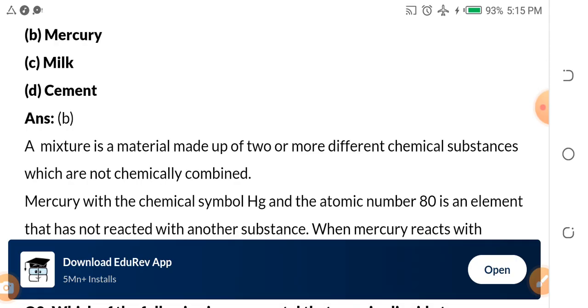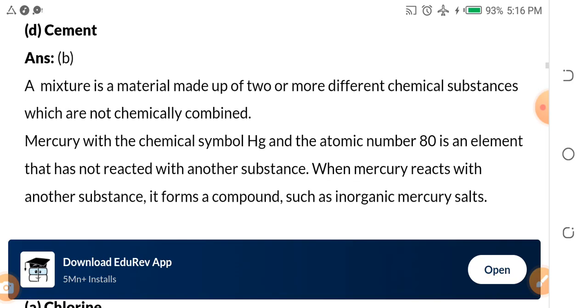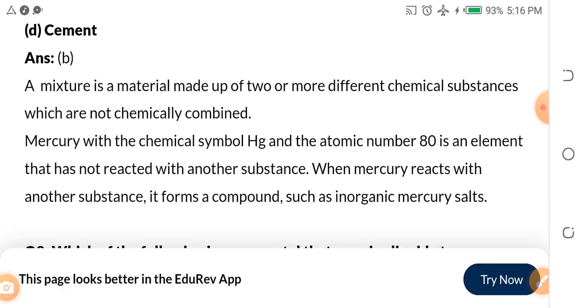That is a mixture. Mercury, with the chemical symbol Hg and atomic number 80, is an element that has not reacted with another substance. When mercury reacts with another substance, it forms a compound such as inorganic mercury salts.